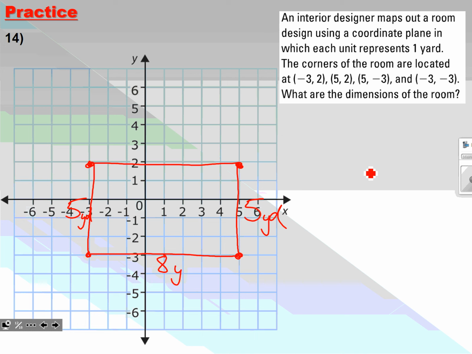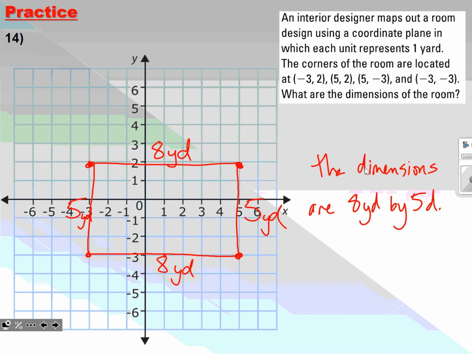This is 8 yards. So the dimensions are 8 yards by 5 yards.